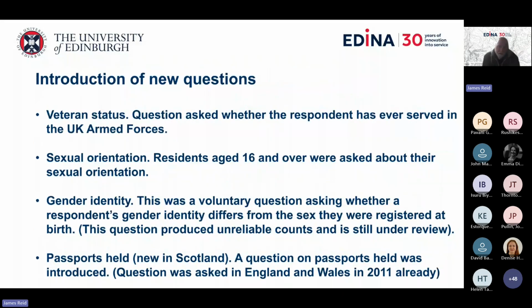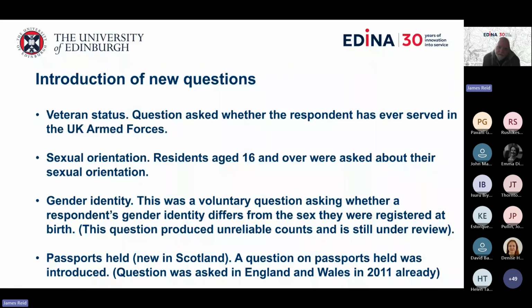The most recent census introduced some new questions. Every census is an opportunity for researchers and academics, and also the administration, to ask things that are particularly pertinent about society at that particular point in time. So veteran status has always been a kind of long run ambition to have added to the census. That was done this time.